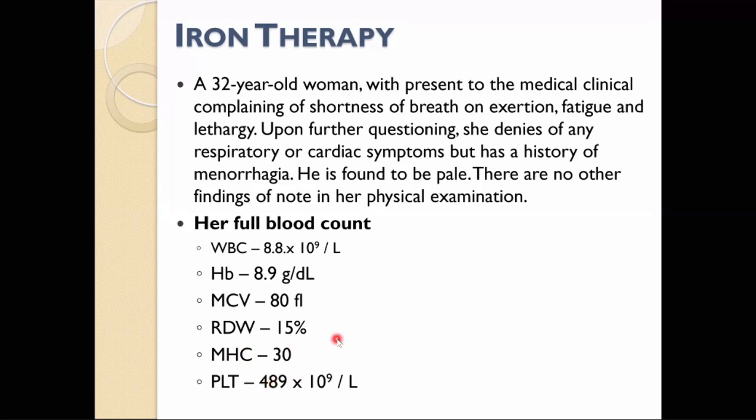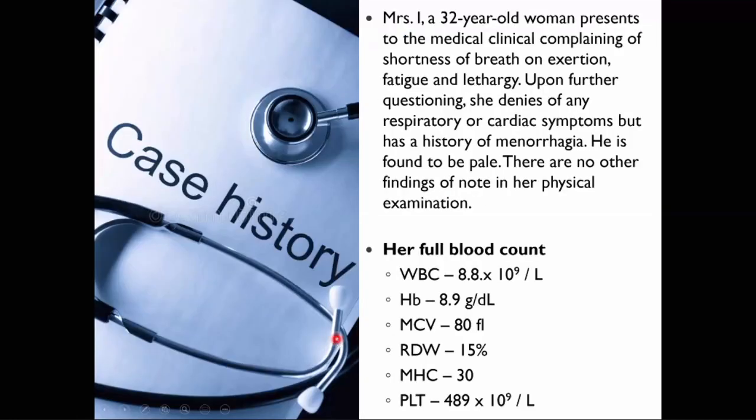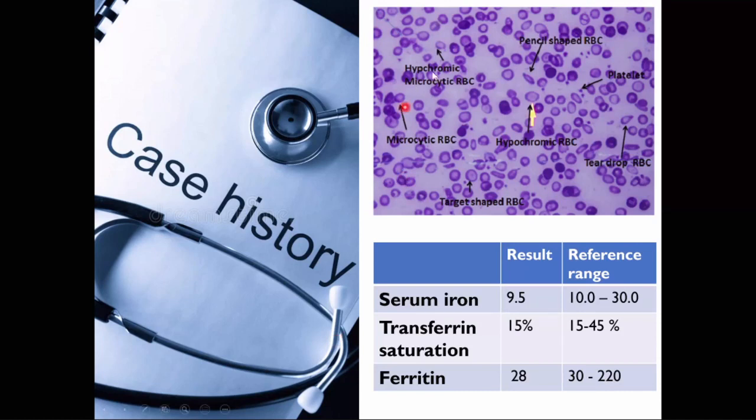And then you do the blood picture, right? So you do the blood picture, you find hypochromic microcytic cells, and you find a number of target cells and other pencil-shaped cells and other different sizes and different shapes of cells.